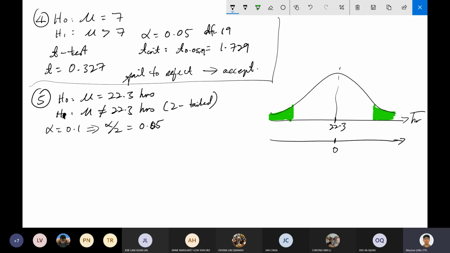Do you use t-test or z-test? Z-test. So you can write that n is more than 30. Therefore, you use z-test. Okay. Because you use z-test, then this is a z distribution. What is the critical region?